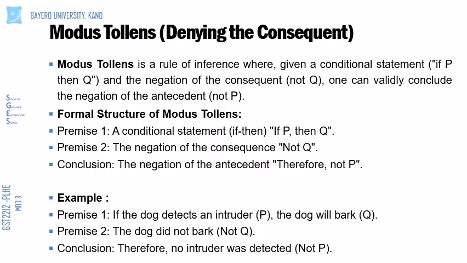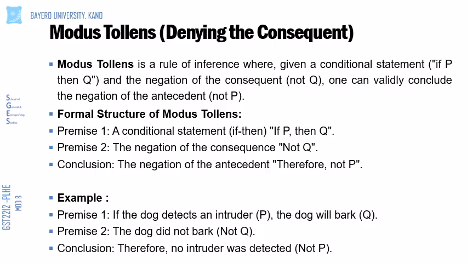A conditional statement, if P then Q, then we have to negate the consequent. So that's why you see premise number 1, conditional statement. Number 2, negation of the consequent. What is the consequent? Q is the consequent. Conclusion, the negation of the antecedent.